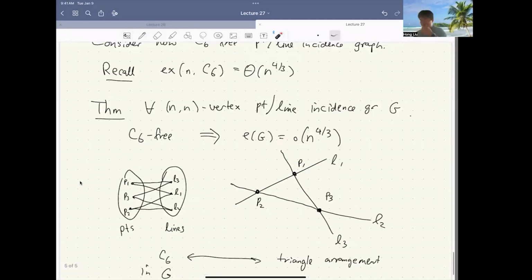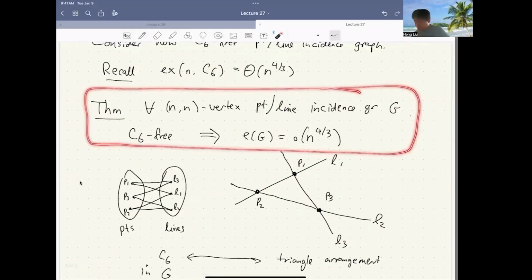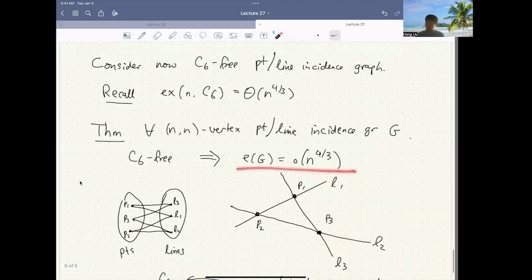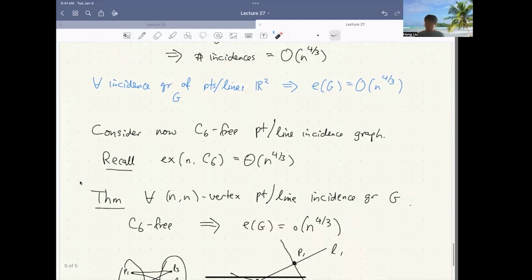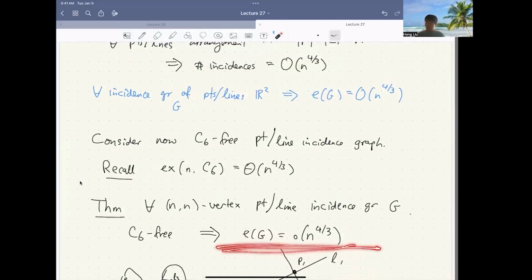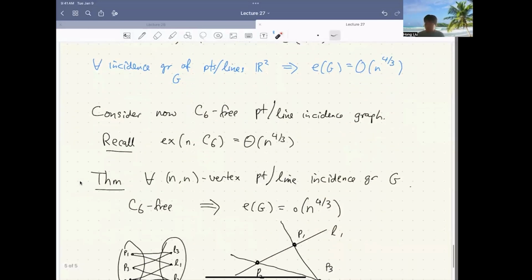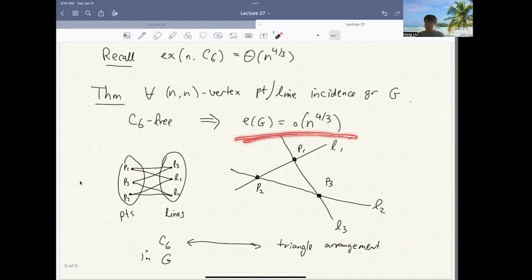Good. So once again, this theorem is saying that if you have points and lines in the plane, and we forbid this kind of triangle configuration in this arrangement, then the number of incidences cannot be n to the 4/3. I forgot to say this bound is tight. There are arrangements where you realize n to the 4/3. So C6-freeness says you cannot realize the maximum anymore.